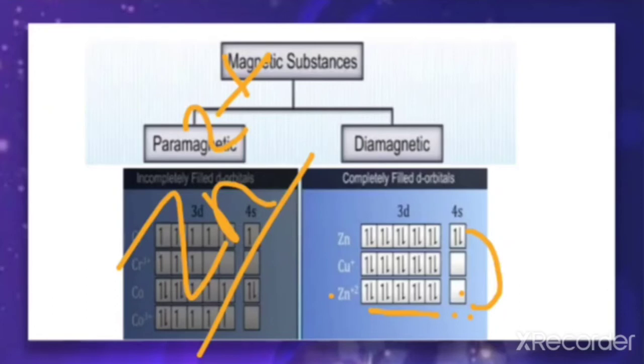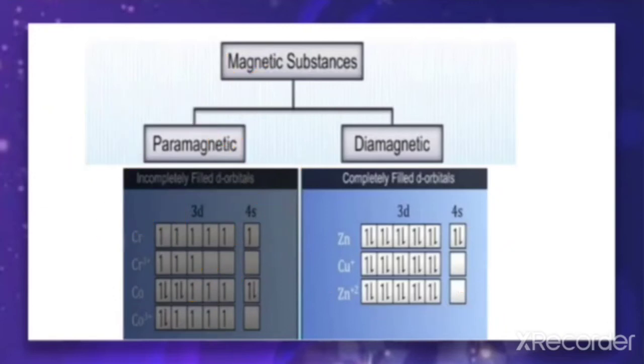So zinc is diamagnetic, and the zinc ion is also diamagnetic. It is a very important concept: whenever any transition metal or its ion is given, you need to find out whether an unpaired electron is present or not. If it is present, then it is paramagnetic. If all electrons are paired, then it is diamagnetic.